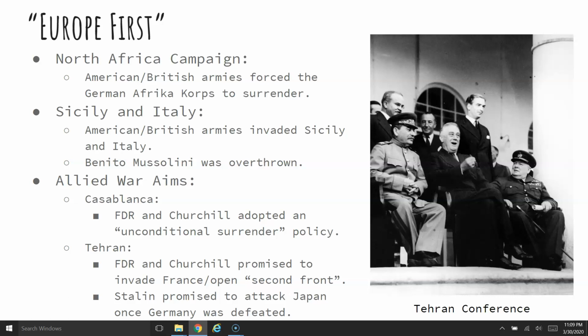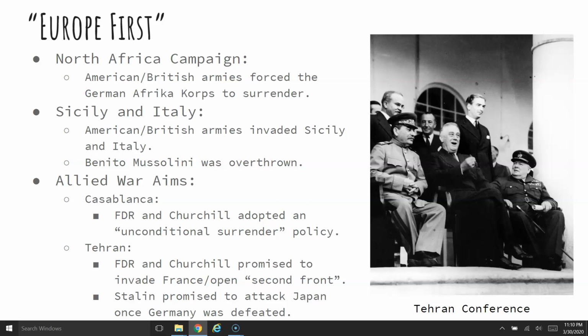Around the same time period, the three primary Allied leaders, FDR, Churchill, and Stalin, are trying to formulate a definitive war aim. What are our war goals? In January of 1943, FDR and Winston Churchill meet in Casablanca, Morocco, and they adopt a policy of unconditional surrender.